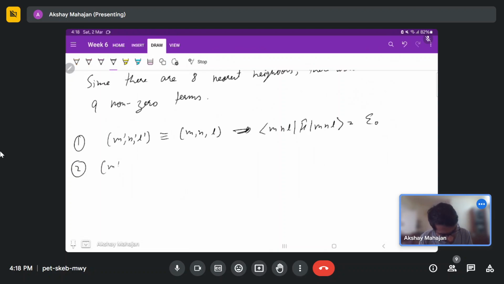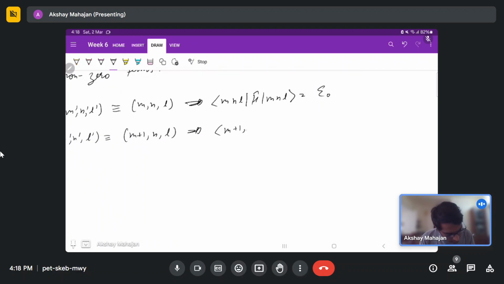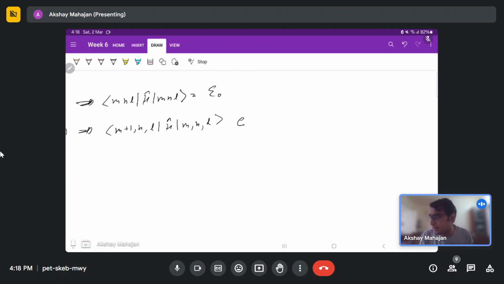Then next will be our first neighbor, which will be m plus 1 comma n comma l. So then we will have m plus 1 comma n comma l, h cap m and l, right. We have this integral times, so the exponentials with n and l will be just 1, and we will have one exponential e to the power minus iota a by 2 times kx plus ky minus kz.